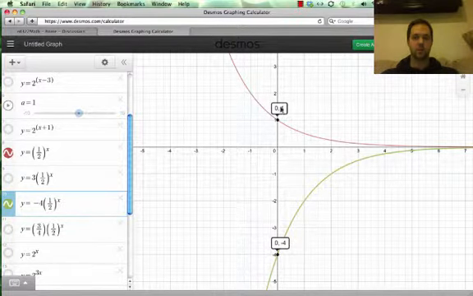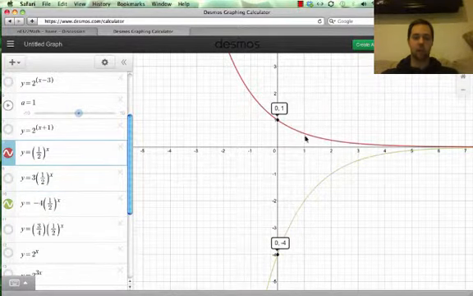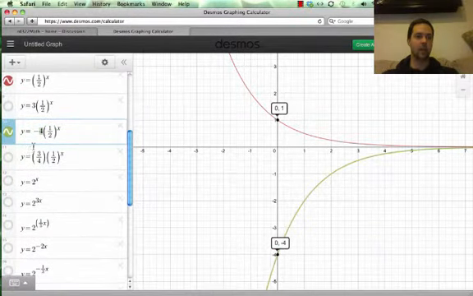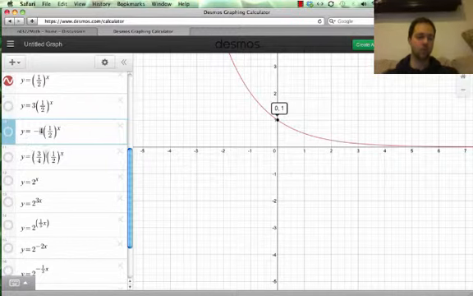So instead of 0 and 1, we now have 0 and negative 4. Basically, you can take your regular y value that would occur anywhere on your graph and multiply it by the a value, the multiplicative stretch factor, and you will get the new y value.